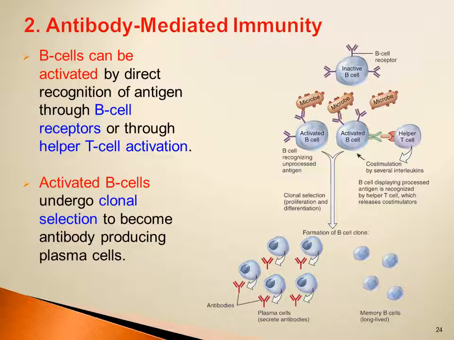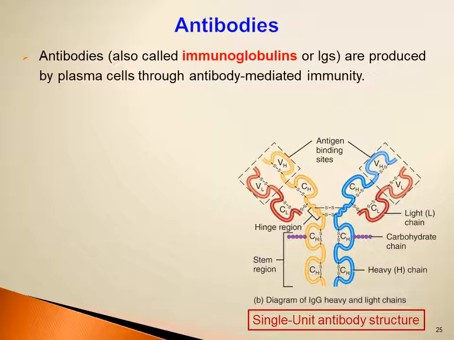Activated B cells undergo clonal selection to become antibody-producing plasma cells that will produce antibodies specific to the antigens present on the surface of the microbe. Antibodies, also called immunoglobulins, are produced by plasma cells through antibody-mediated immunity.